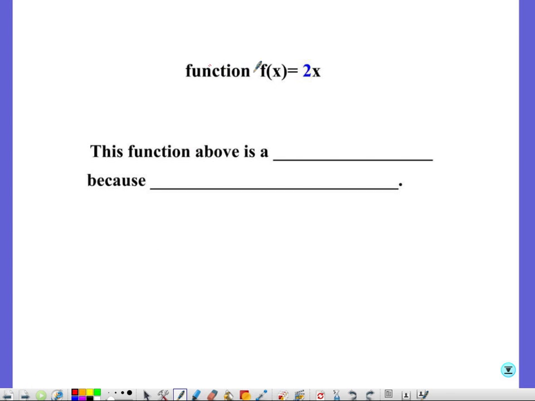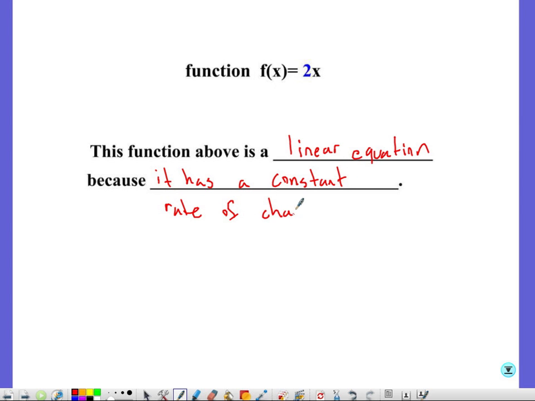One final thing about this function is that it is in the shape of a line. Now, because it is in the shape of a line, the function above is a linear equation, because it has a constant rate of change.